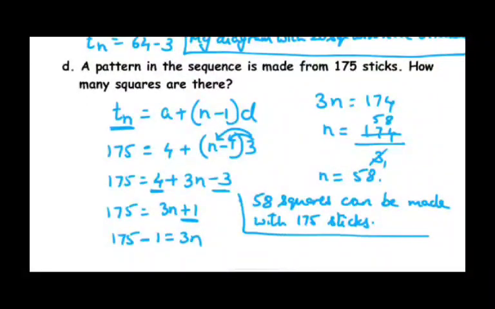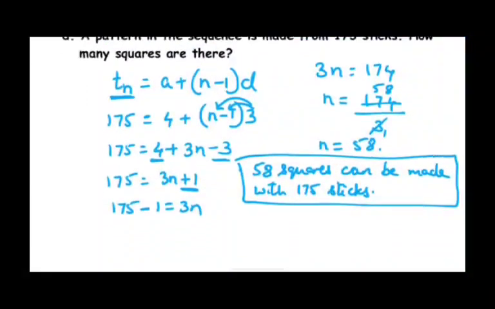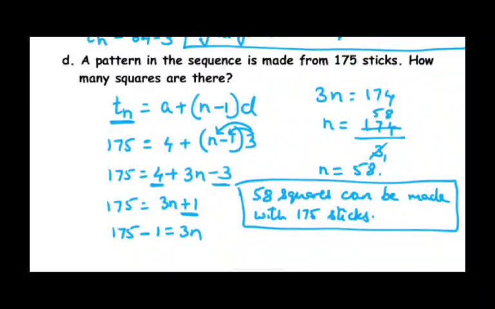Our next part says, explain why there will not be a pattern in the sequence made from 386 sticks. Now children, remember, it is a pattern where you need to add 3. So this number has to be divisible by 3.